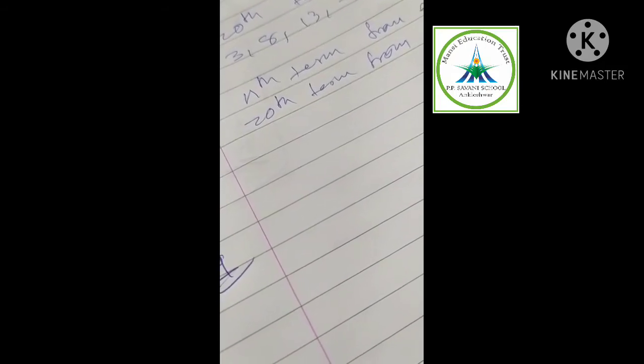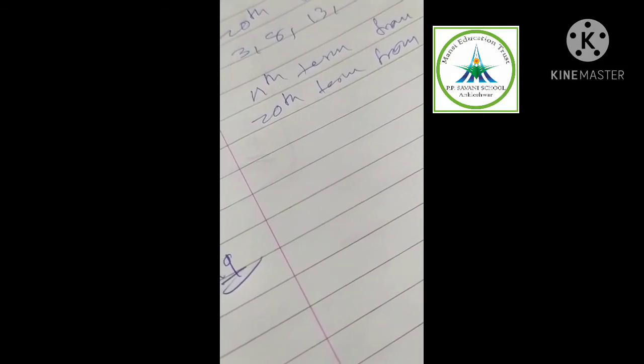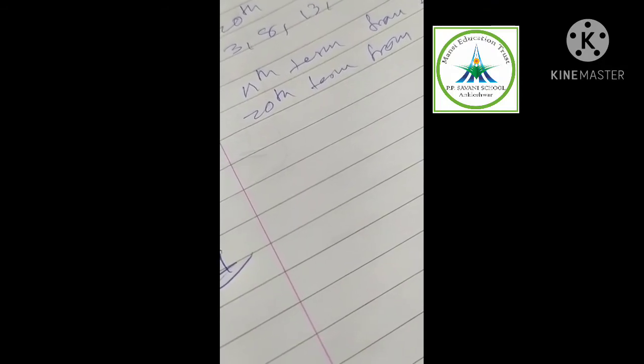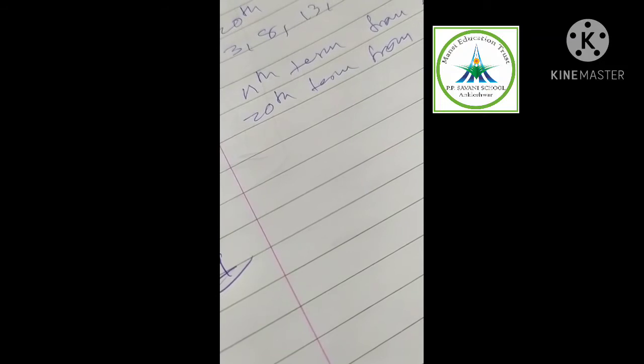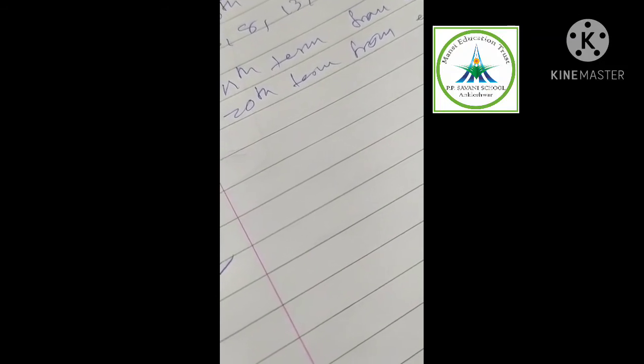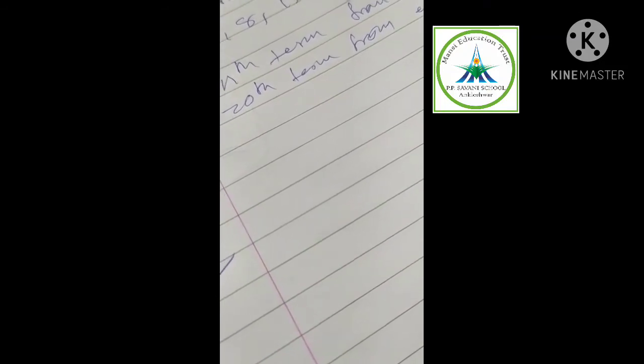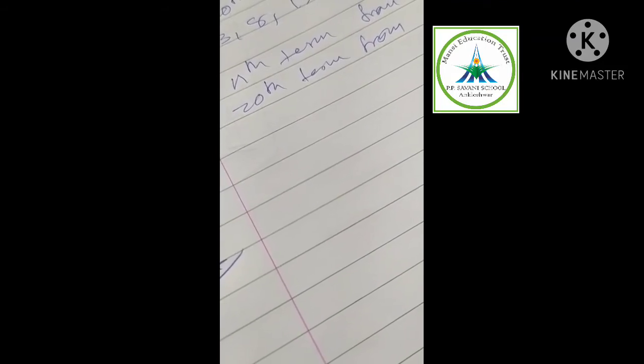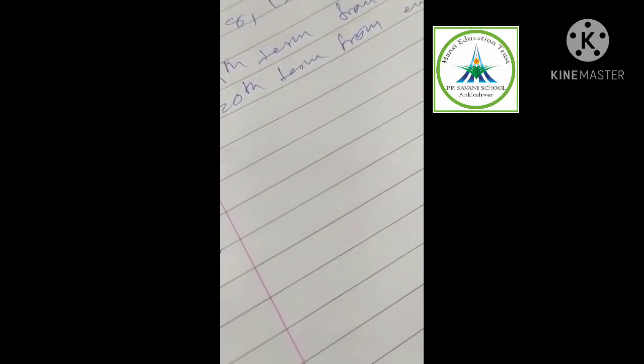Subba Rao started work in 1995 at an annual salary of 5,000 rupees and received an increment of 200 each year. In which year did his income reach 7,000?